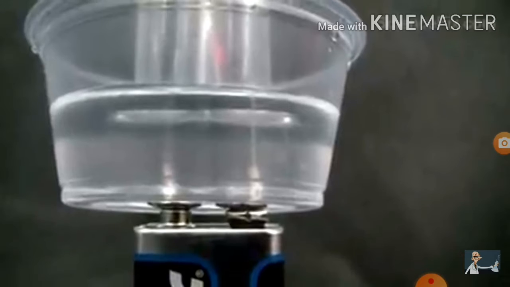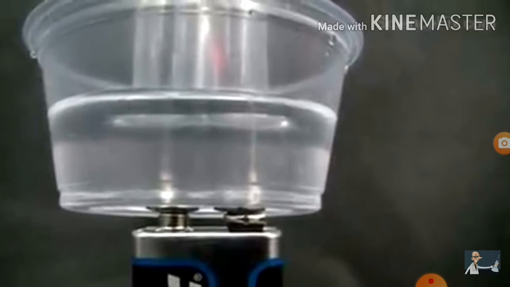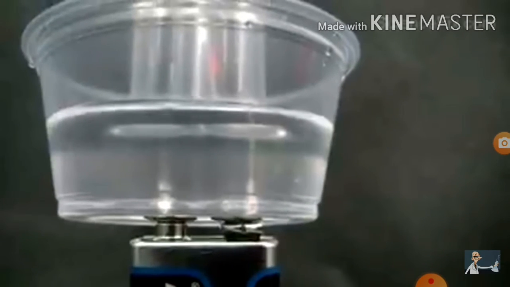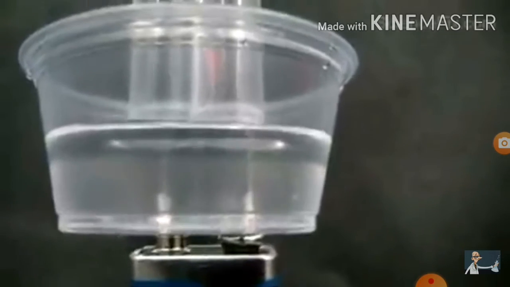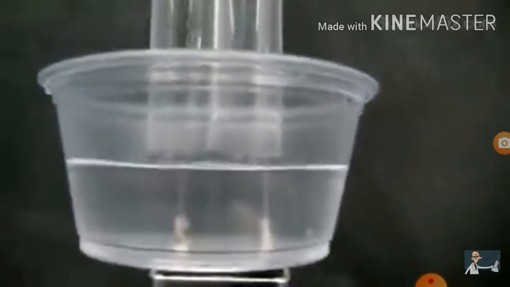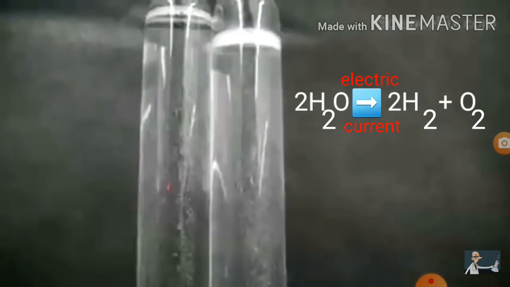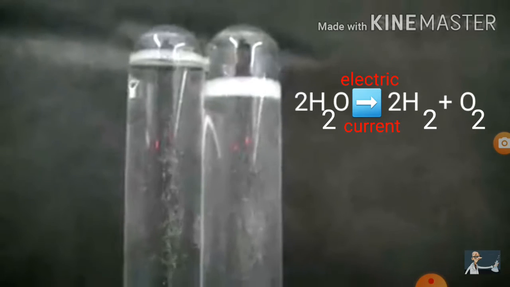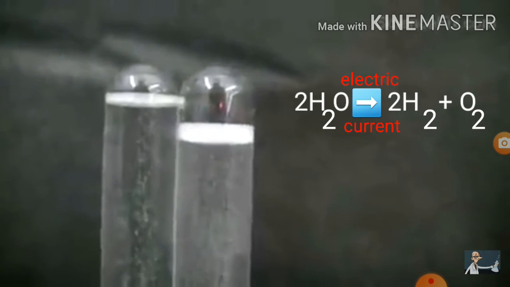In electrolysis, the single reactant, which is water, absorbs electricity and decomposes. Here, the resulting simpler or decomposed products are hydrogen and oxygen gases. The corresponding chemical equation can be written as 2H2O gives 2H2 plus O2.